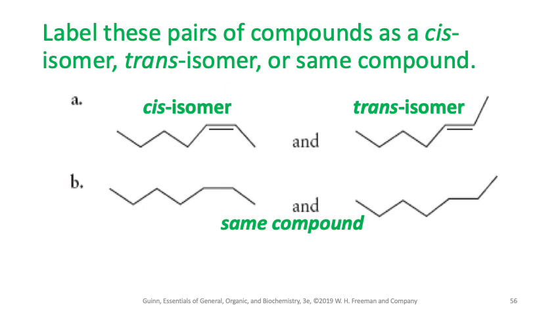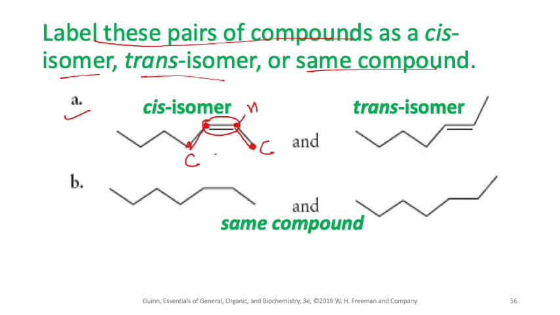So let's take this example over here. Label these pairs of compounds as cis isomer, trans isomer, or same compound. If I have this compound in A, let's say this is a carbon double bond, and this carbon has one group which is a carbon, this carbon is also attached to a carbon, and how many hydrogens do both of these carbons have? One hydrogen, in this case on the same side.